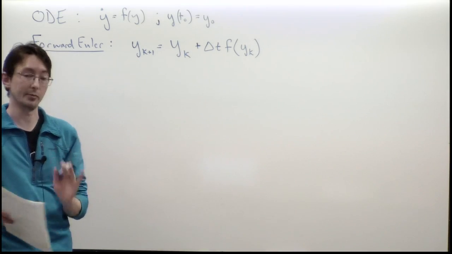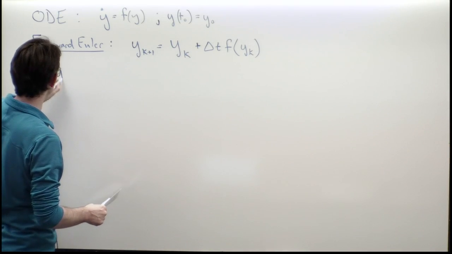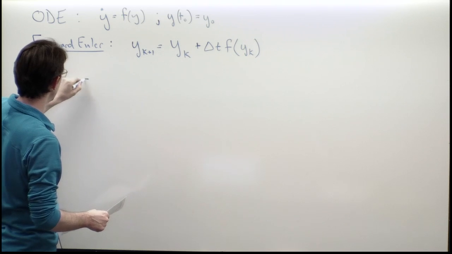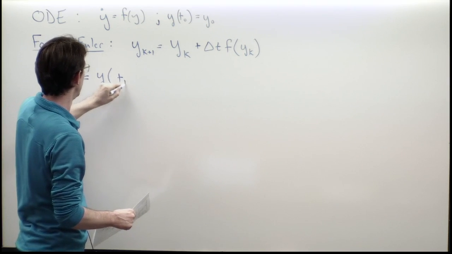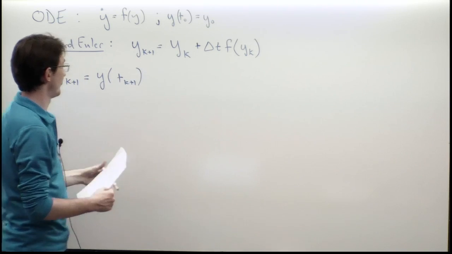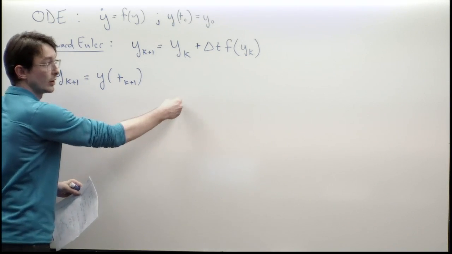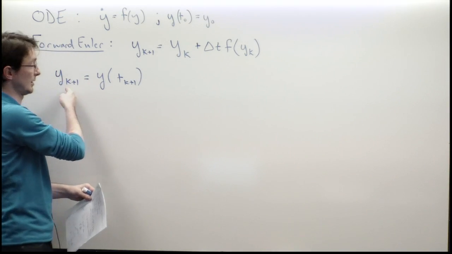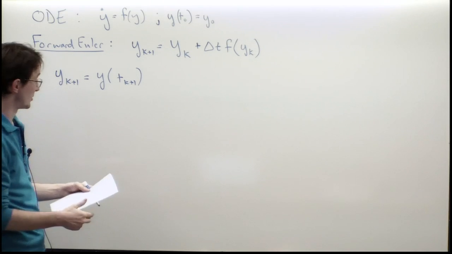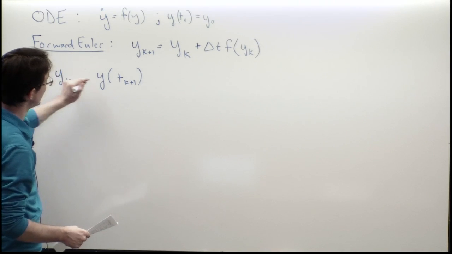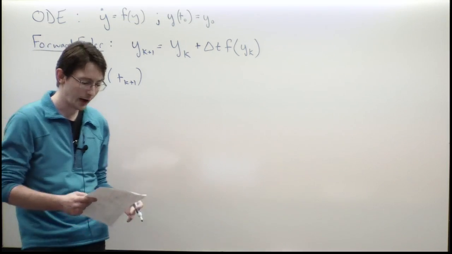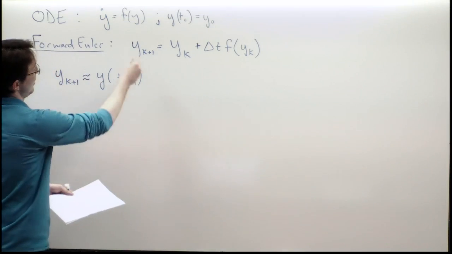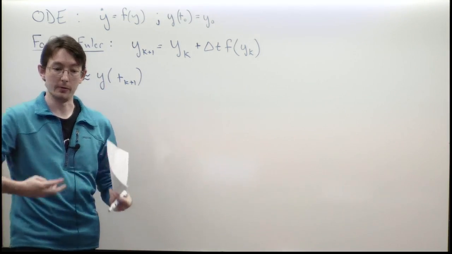So there's often some confusion about what these indices really mean, this subscript k and subscript k plus 1, so I want to be very explicit. So what we have is that yk plus 1 is equal to y at time t k plus 1. Okay, so I have time increasing, and I want to know what is the next position in my trajectory. But it's not actually exactly equal to this. It's only approximately equal. So the way I think about this is that the state y might be an actual physical object.